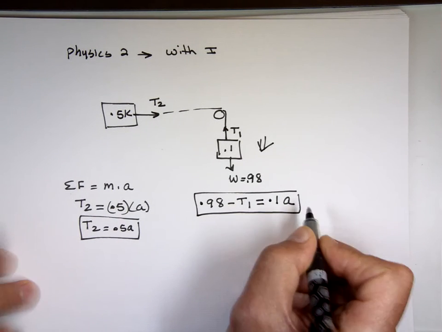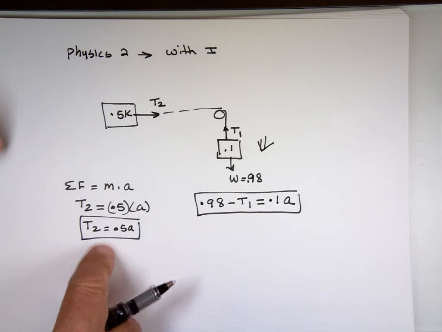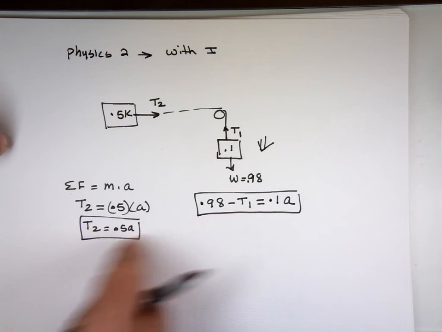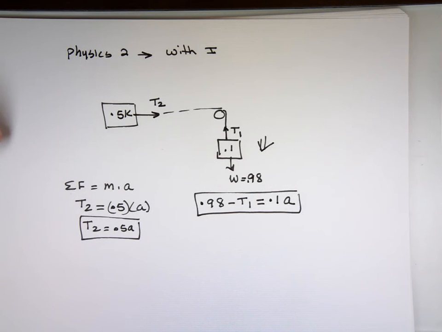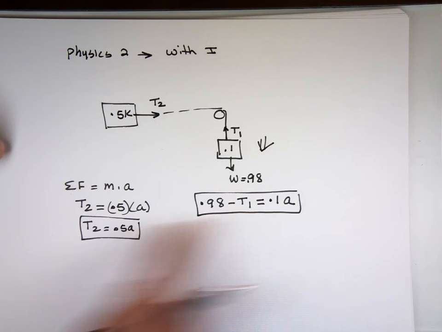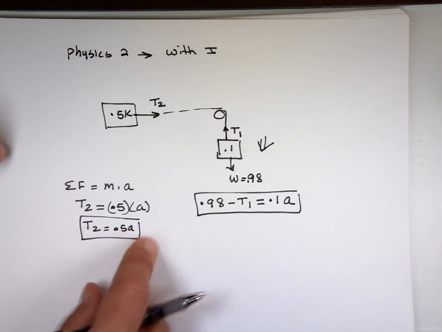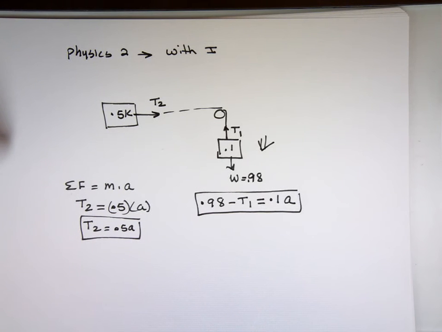Now notice I get how many equations? 2 equations by how many unknowns? 3 unknowns, right? I get T1, I get T2, and I get A. I need the third equation. That's where the pulley comes in.